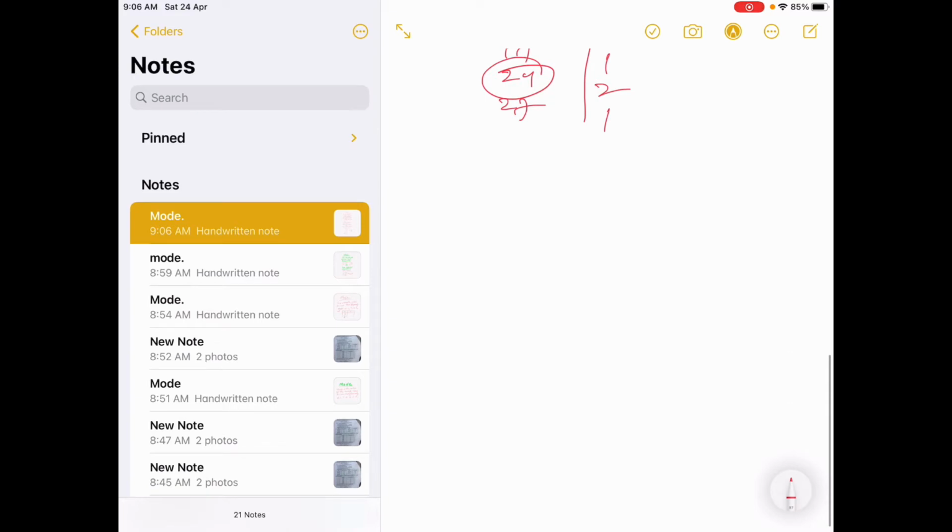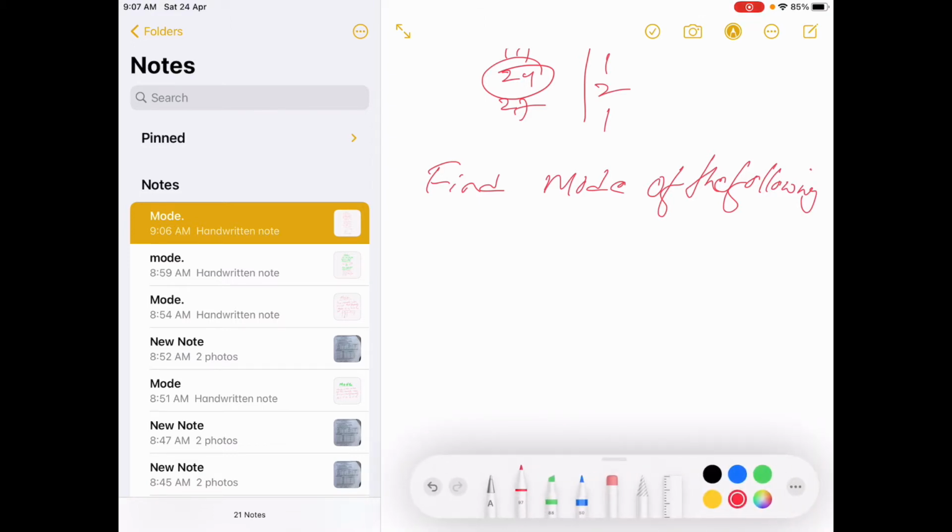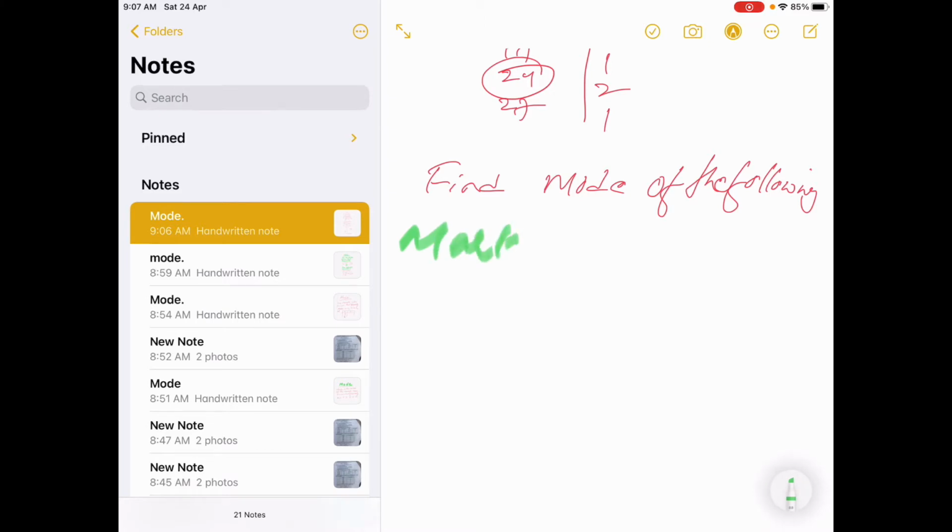Okay, so let us continue with another question. Find mode of the following. They have given marks obtained.